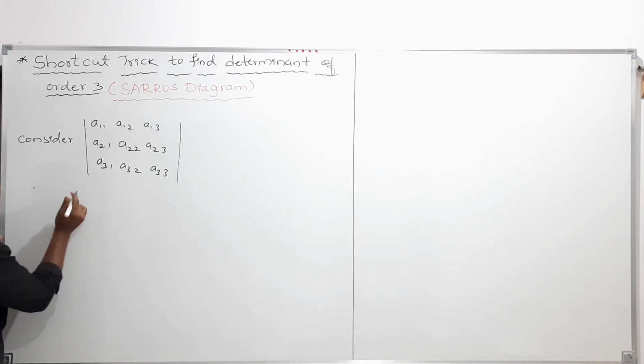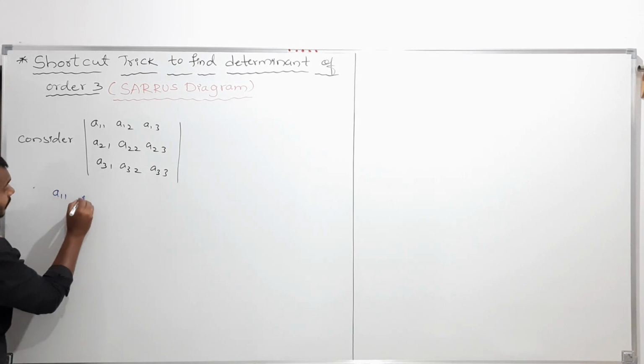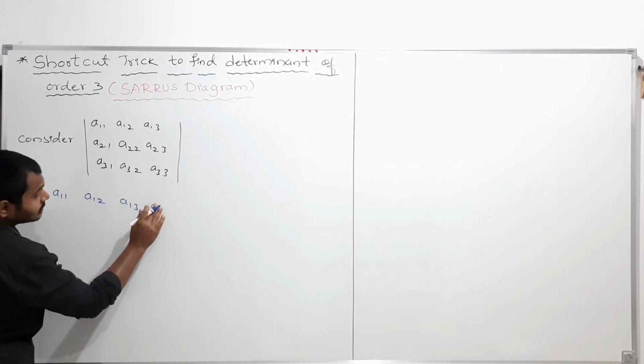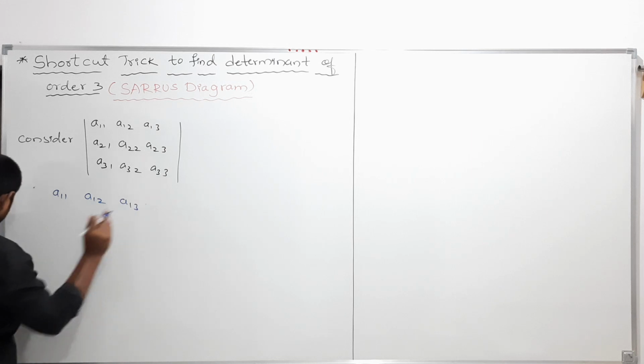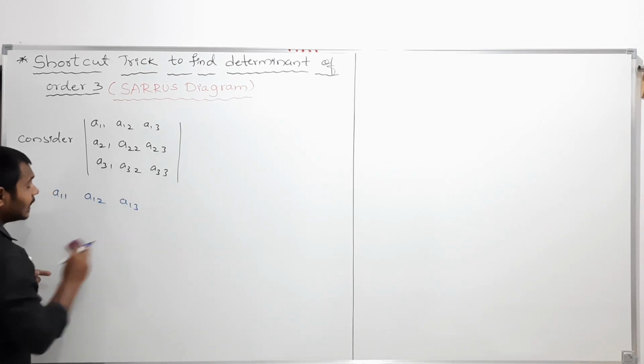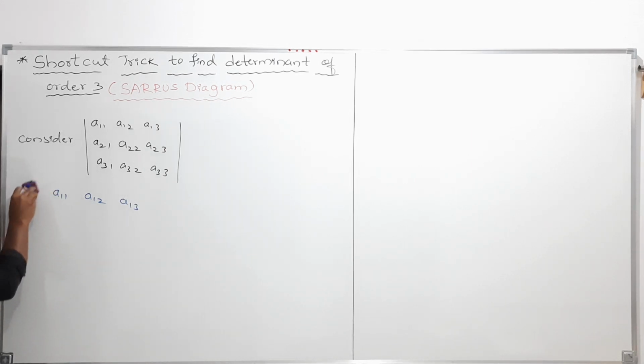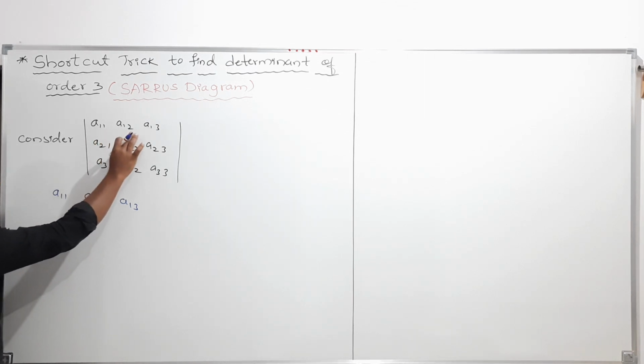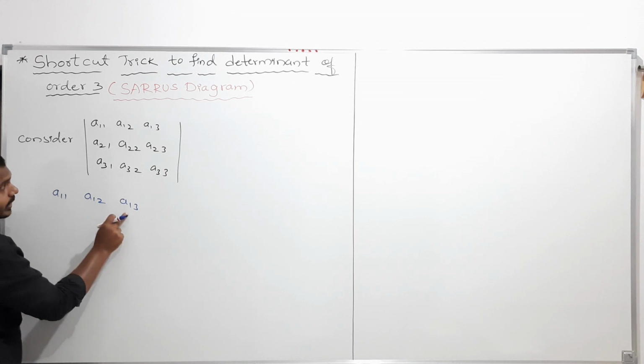Here it is a11, a12, a13. You should first write the elements of the determinant as it is. Clear? a11, a12, a13.